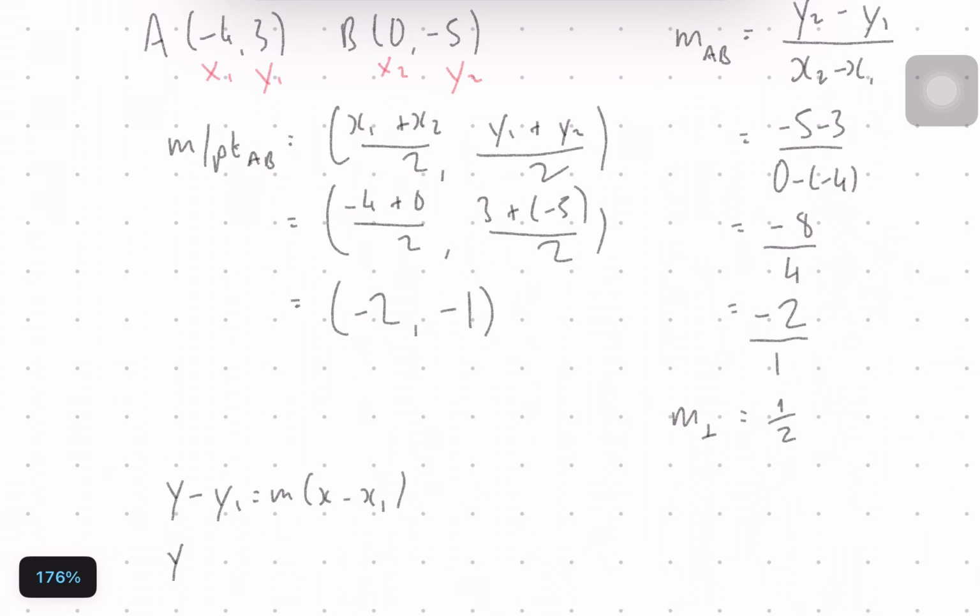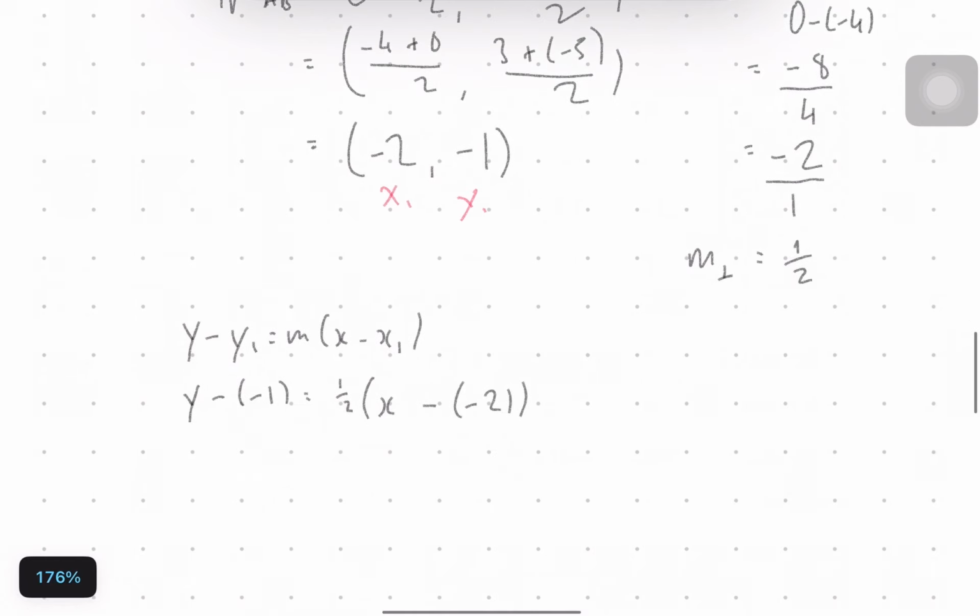This is my point, so this is my x1, y1. So y minus minus 1 is equal to, my slope is a half, a half on x minus x1, which is minus 2. So y minus minus 1 is y plus 1 equals a half on x plus 2.